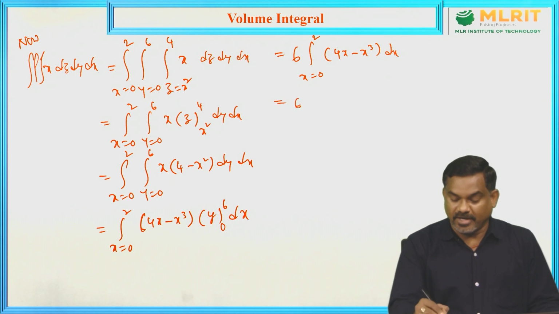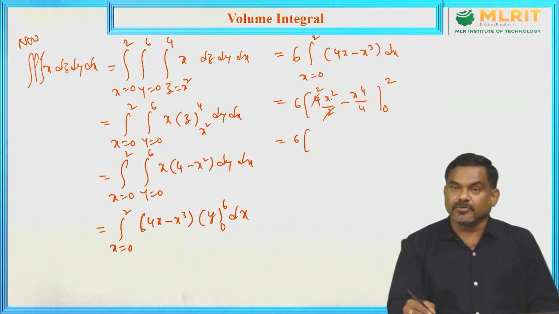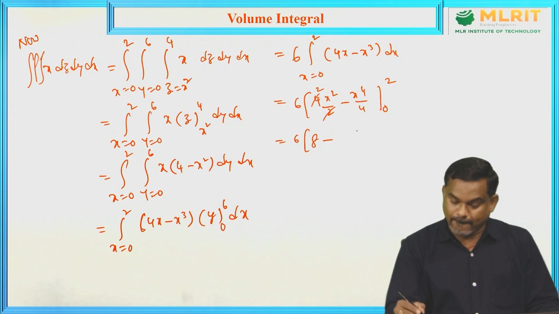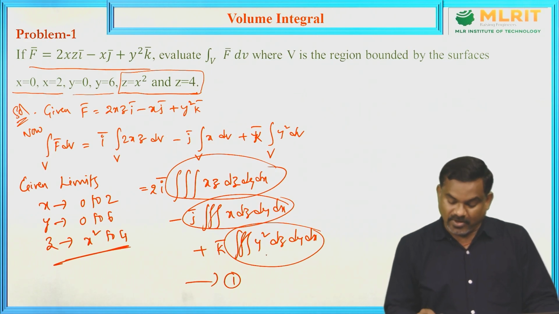Now with respect to x, 4x square by 2 minus x power 4 by 4 from 0 to 2. So this is 2 times, and 2 square is 4, so 8 minus 16 by 4, 4. So 24. Similarly, we need to find the third one, y square.